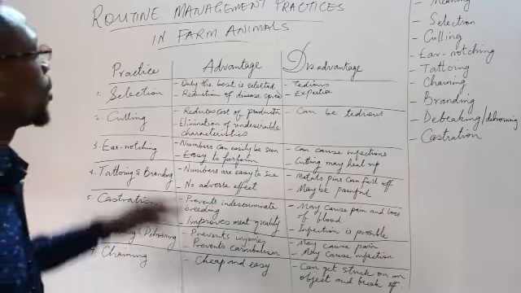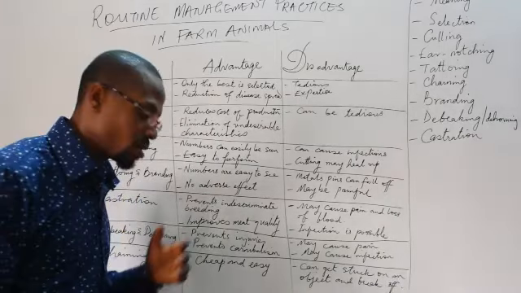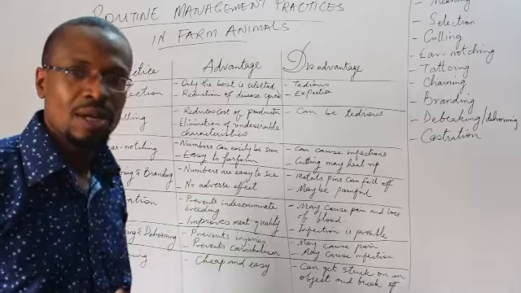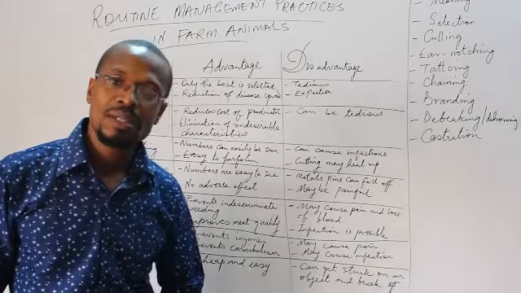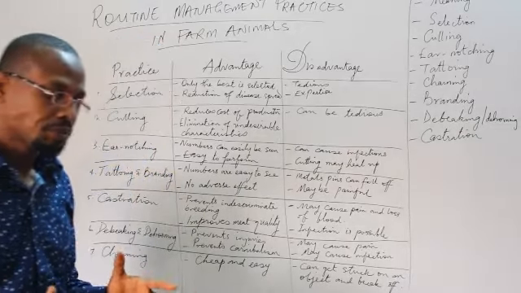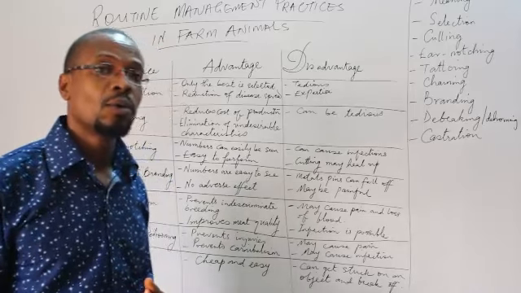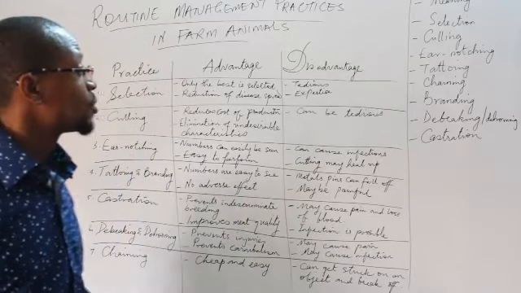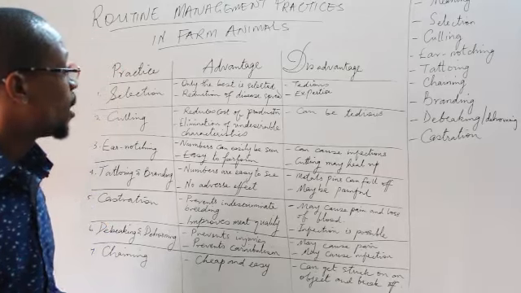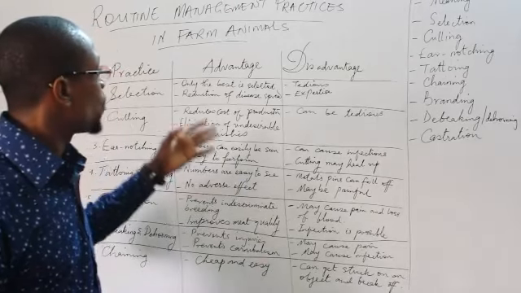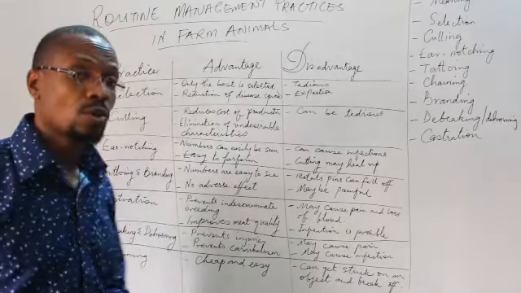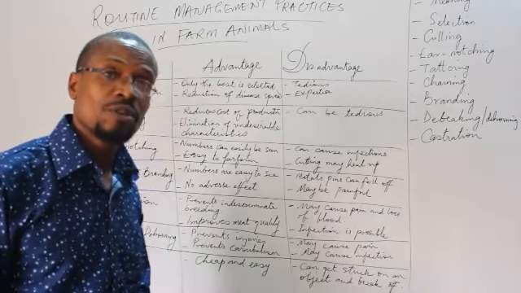First of all, selection. We've talked a lot about selection. We talked about selection when we talked about animal health. We've also talked about selection in the previous topic, and we're also looking at selection here. So let's not overflog the issue of selection.